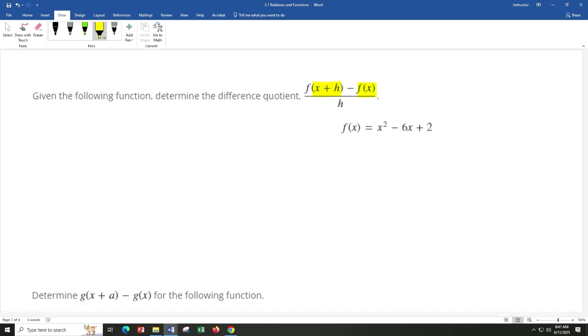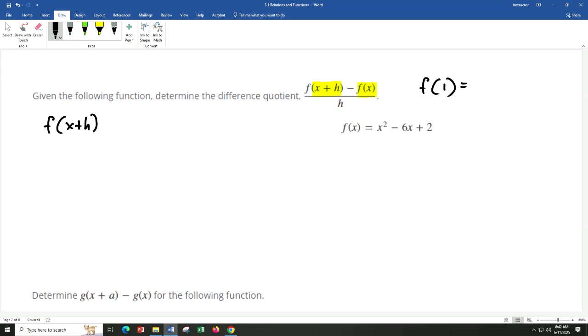Think of this as two separate functions. Okay? Two completely separate ones. So the first function is going to be defined as this: f of x plus h. Okay? That's all it says. Now remember, let me come over here to the other side. If I said this to you, hey, what is f of 1?